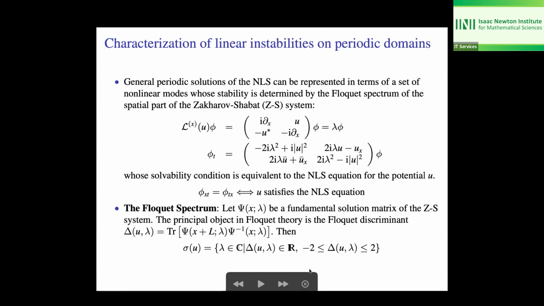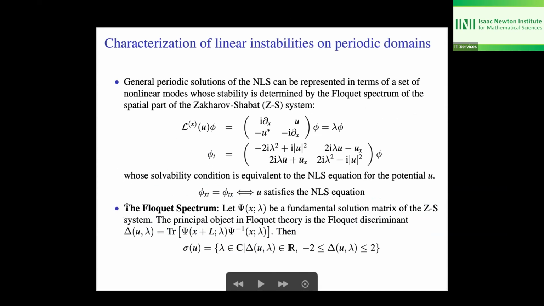So we begin by recalling that the NLS equation is the compatibility condition of the Zakharov-Shabat system, and that general periodic solutions of the NLS can be represented in terms of a set of nonlinear modes whose stability is determined by the Floquet spectrum of the spatial part of the Zakharov-Shabat system.